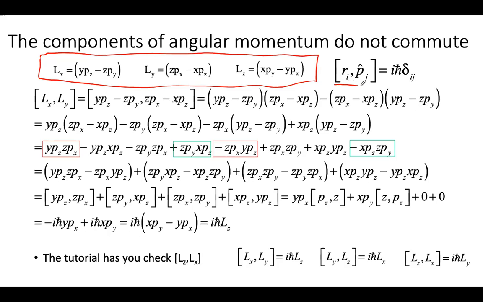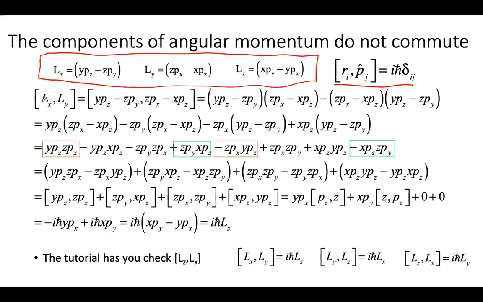I also wrote the canonical commutation relationship between, say, x and the momentum in the y direction operator. I just wanted to be clear about what this would mean.